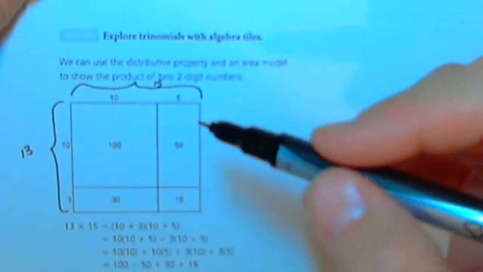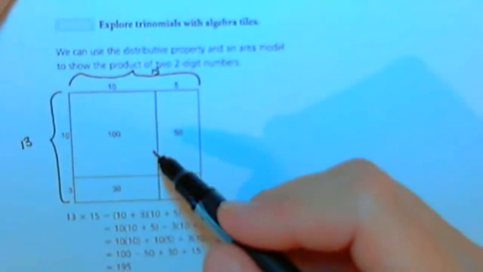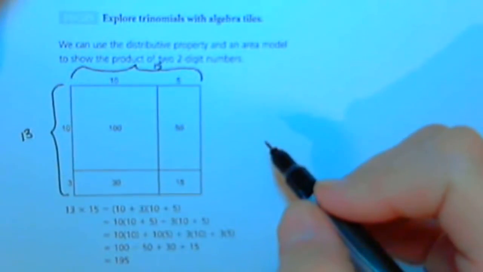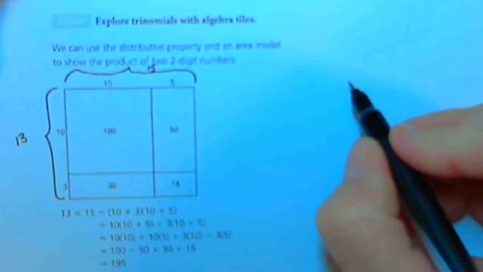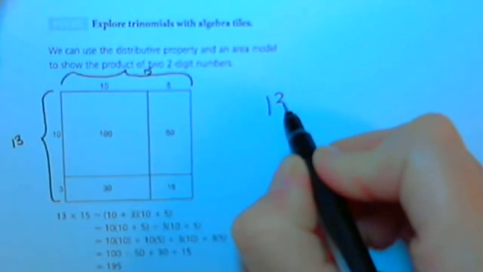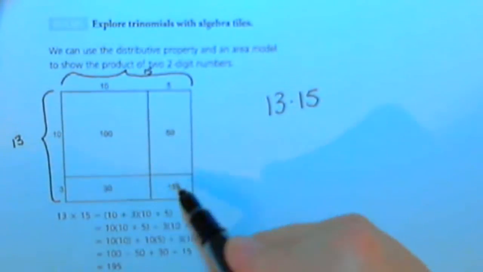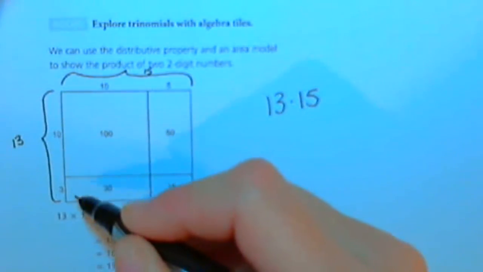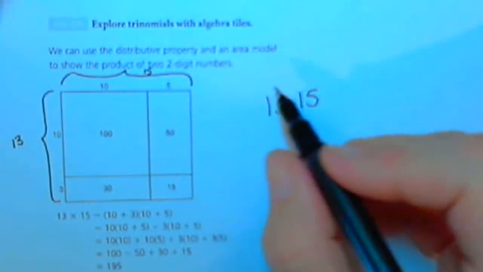So what they've started out with here is a question that just talks about the fact that in math, when you multiply two numbers, for example, if I multiply 13 times 15, that's represented as a rectangle. That's 13 wide, or 13 high, I guess, and 15 wide.